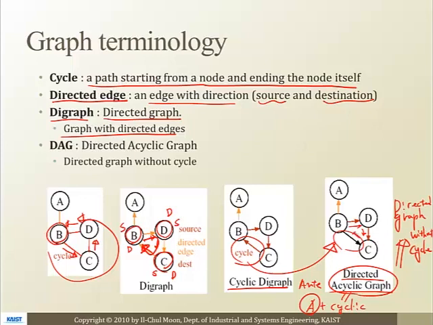There is no way going back to B here, so there is no cycle. So we call it a directed acyclic graph, and in short, we call it DAG. Why do we have a short terminology for this particular graph structure? Because it is often an assumption that we use in finding shortest paths. We are going to discuss this later this week.